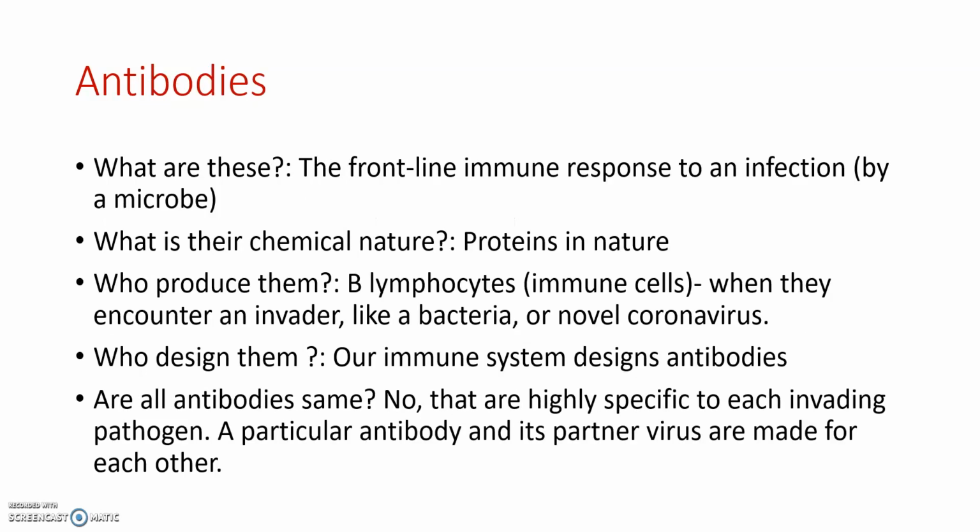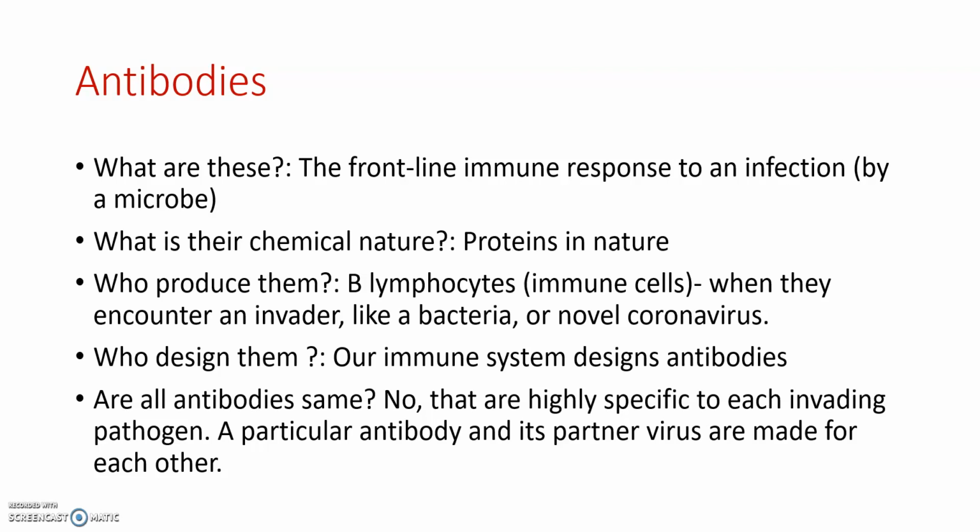The next term you must understand is antibody. These are the frontline immune response to an infection by a microbe. The microbe can be a bacteria, a fungus, or a virus. If we talk about their chemical nature, they are generally proteinous, that means they are proteins. Who produces them?